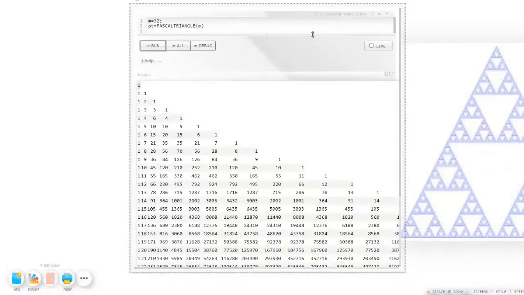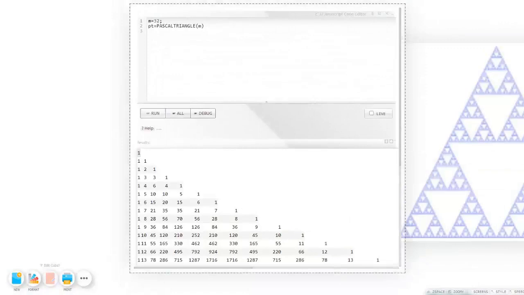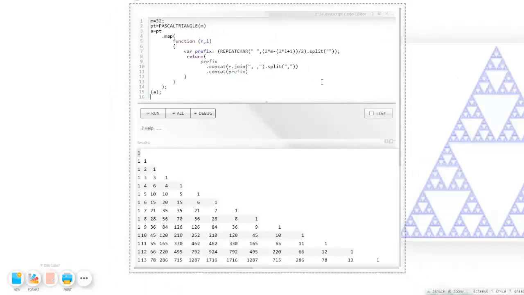And to see that, I'm going to do a little bit of interesting coding here.